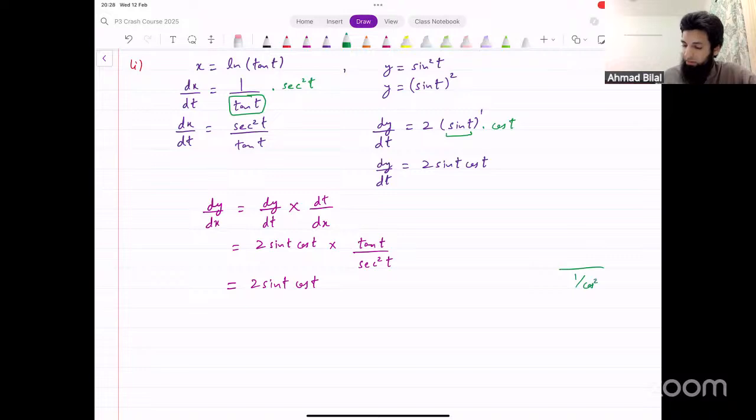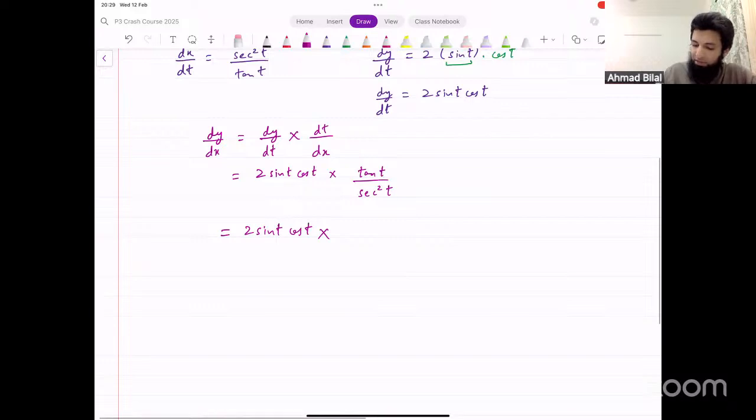Or maybe I will do it step by step for you here, because I have to change tan as well. Tan can be written as sine t over cos t, right? And secant square can be written as 1 over cos square t, right?